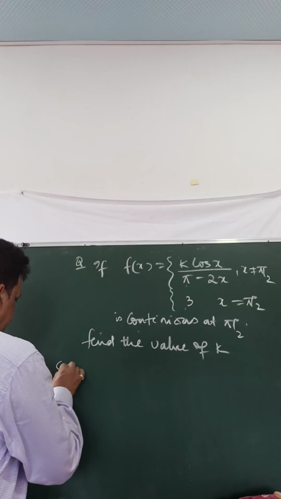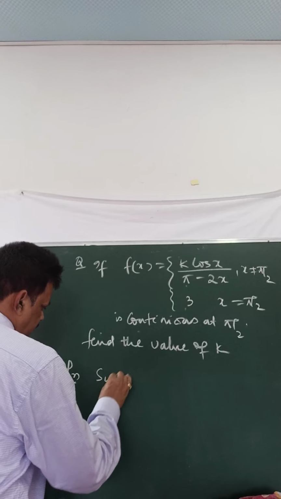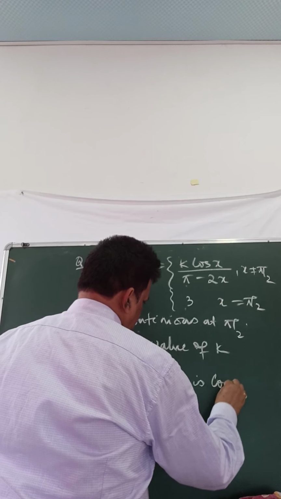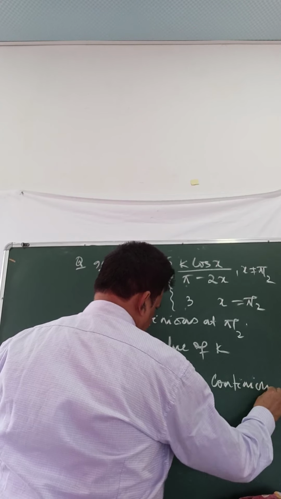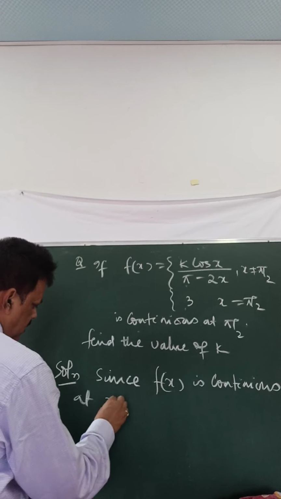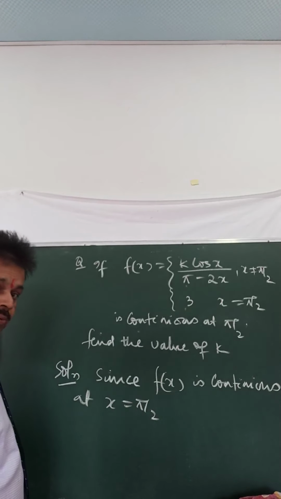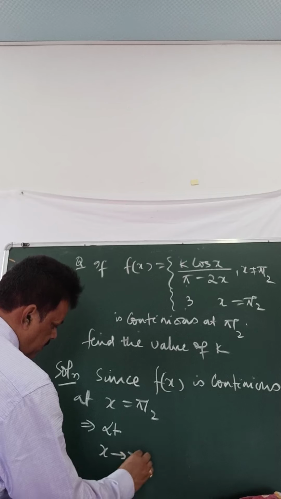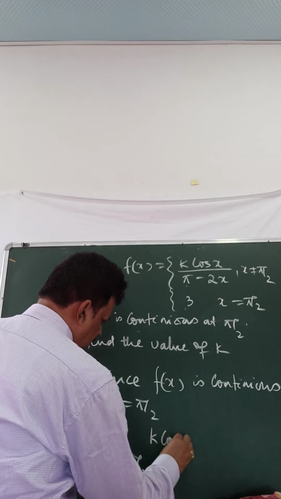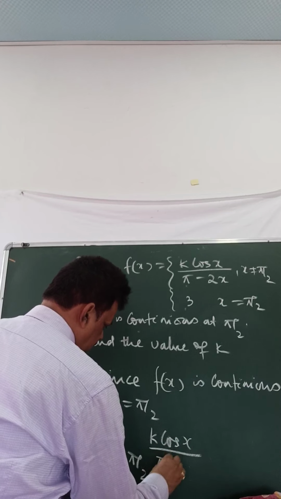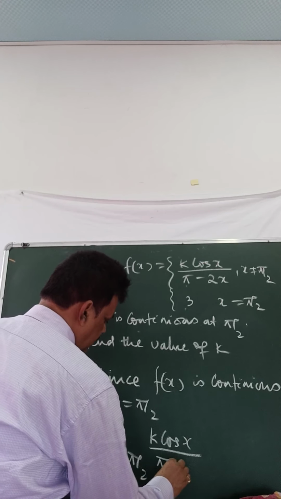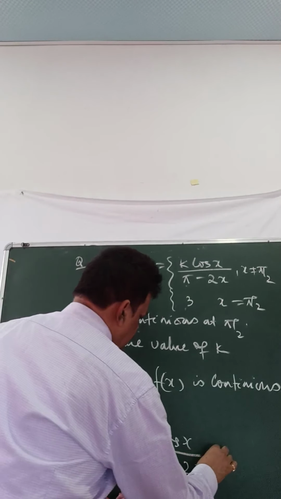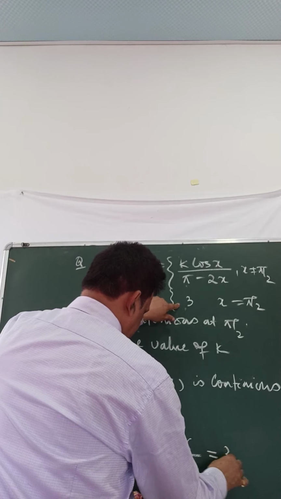So we can write here, since f(x) is continuous at x equals pi by 2, this implies limit x tends to pi by 2 of k cos x by pi minus 2x equals the functional value. Functional value is 3.